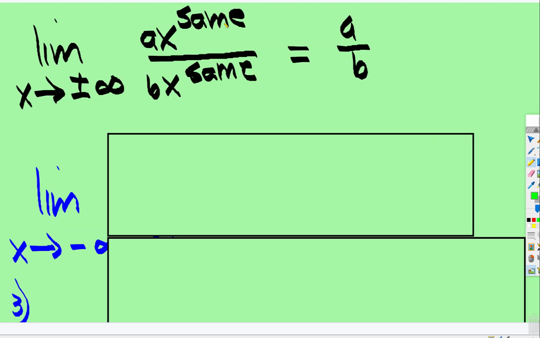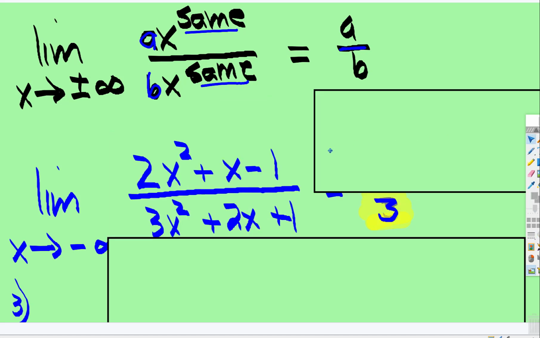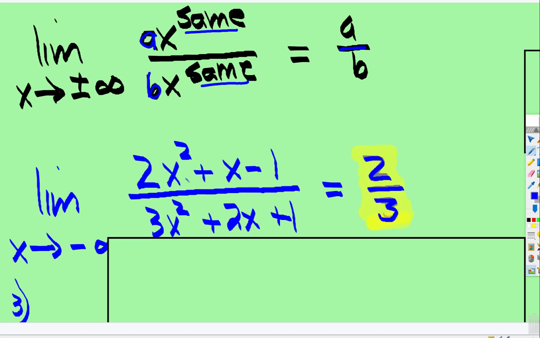All right, now what do we do when the degree in the numerator is the same? You're going to be focused on whatever's attached to the variable x, and that is what the answer is going to be. So let's give an example. If you have 2x squared plus x subtract 1 over 3x squared plus 2x plus 1, we're going to be looking at the highest degree, which is the x squareds.